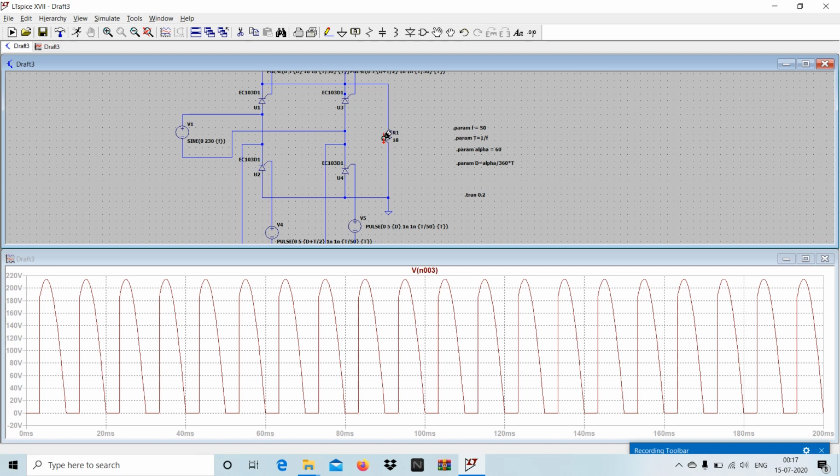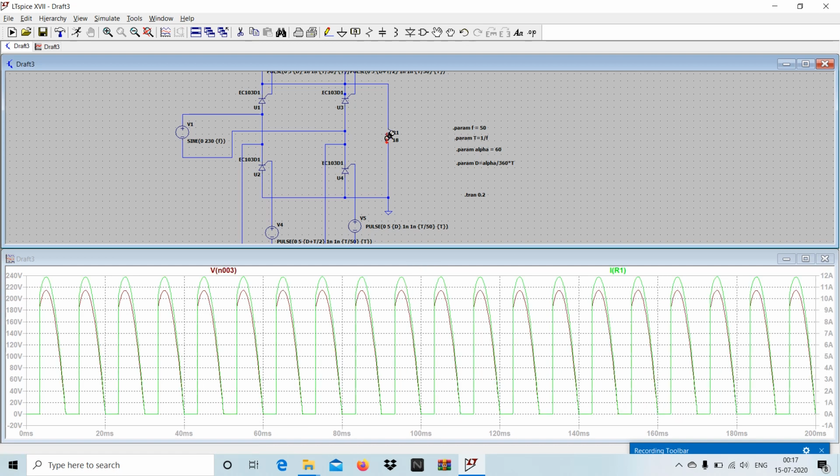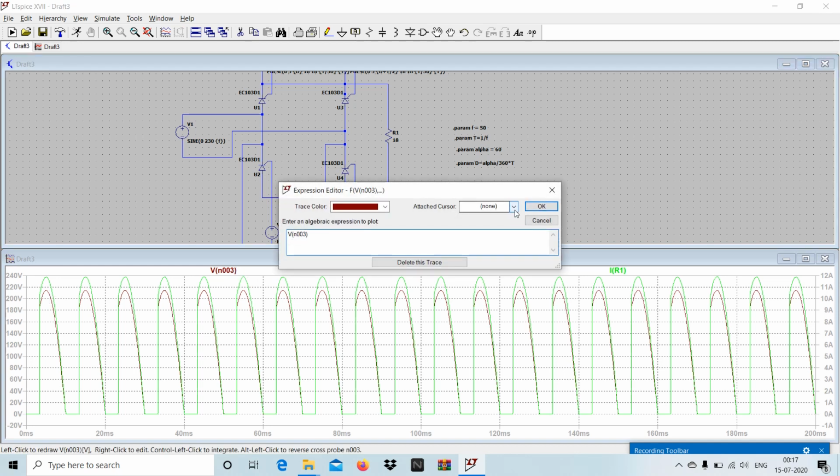We want to check the current. The current is almost 10 amps. No, it comes to 12 amps. The voltage is what we have given, we are getting 220. So we can measure it.